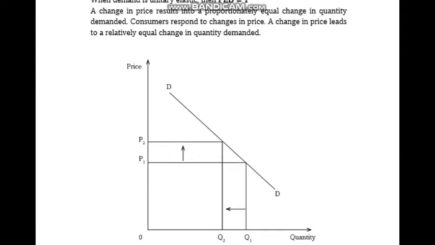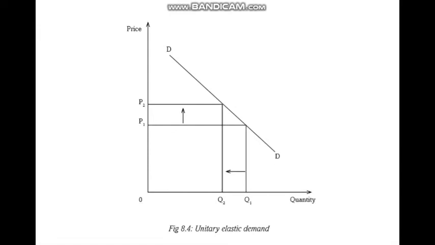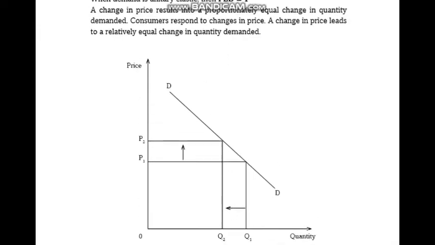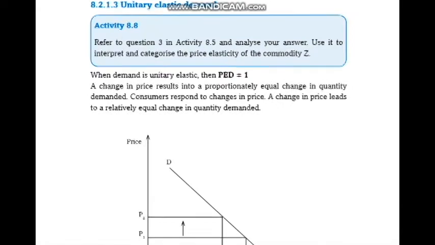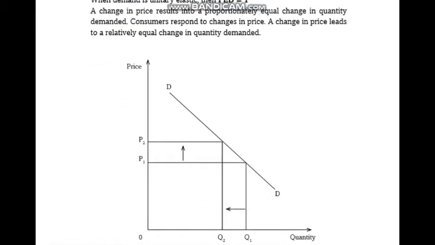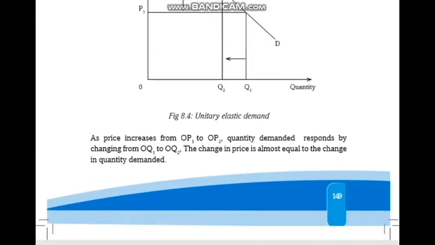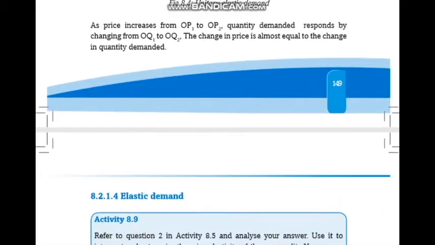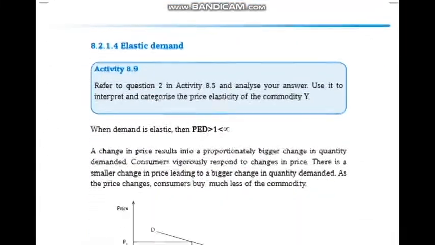Everything changed together and equally. As the price changed, so did the quantity. So that is what we call unitary elastic. In that case you will find price elasticity of demand equals 1. As the price increases from OP1 to OP2, quantity demanded responds by changing from OQ1 to OQ2. The change in price is almost equal to the change in quantity demanded.